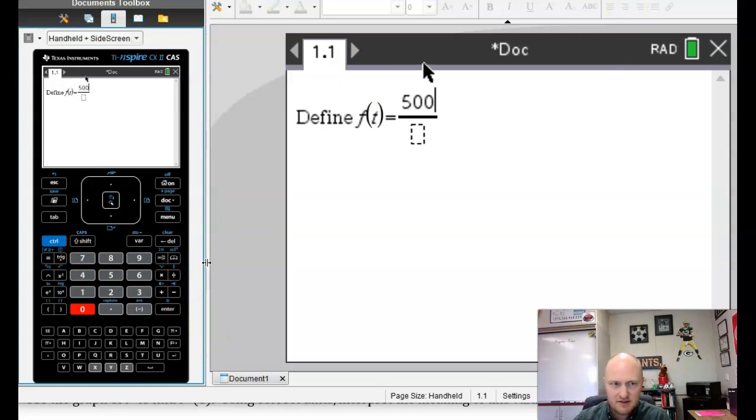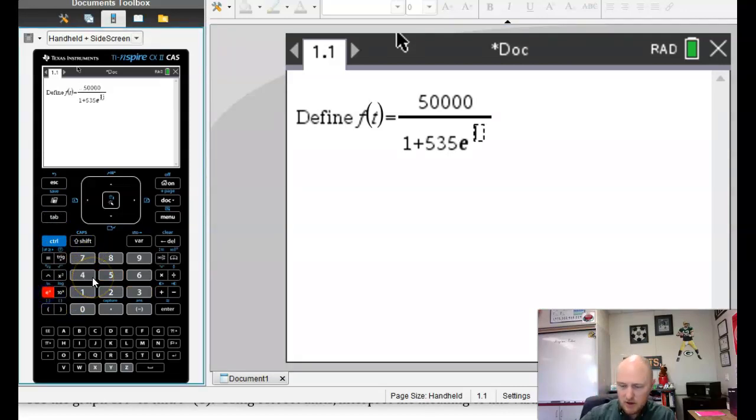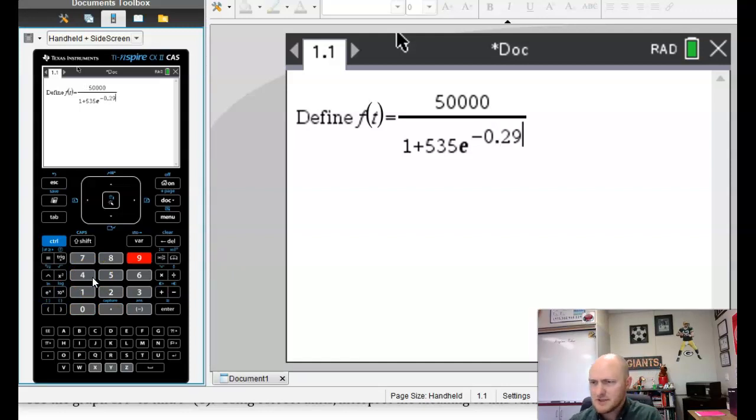So we had 50,000 over 1 plus 535 e to the power of negative 0.29 t. And actually I'm going to use x.